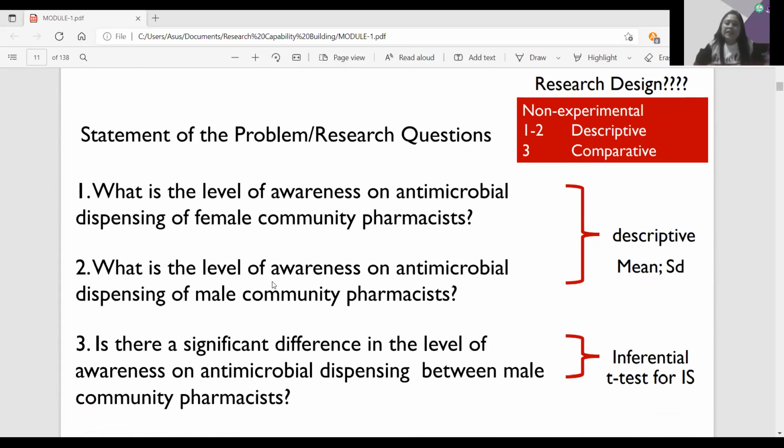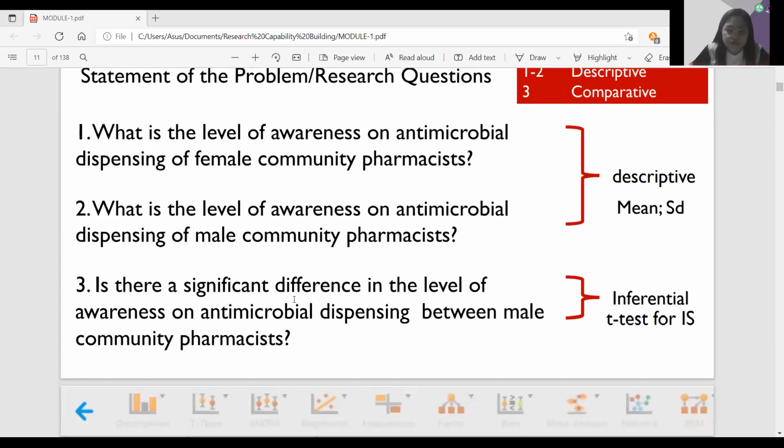So yung kailangan lang natin dito na statistical tool or test for numbers 1 and 2 will be just descriptive statistics, meaning we'll just get the mean and the standard deviation. But for number 3, this is already inferential statistics because this is asking if there is a significant difference in the level of awareness on antimicrobial dispensing between sa lalaki and sa babaeng pharmacist. So, let's see just on how are we going to do this.